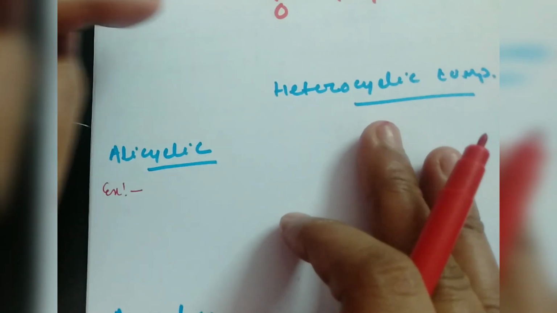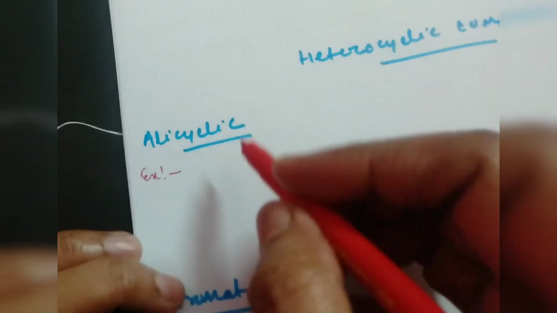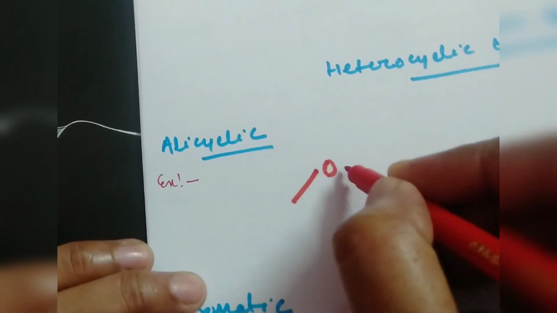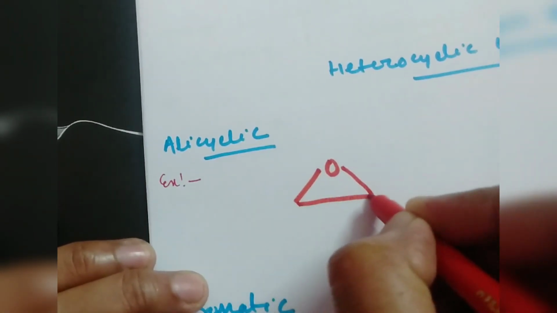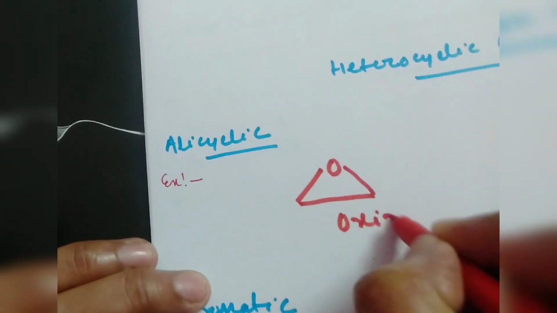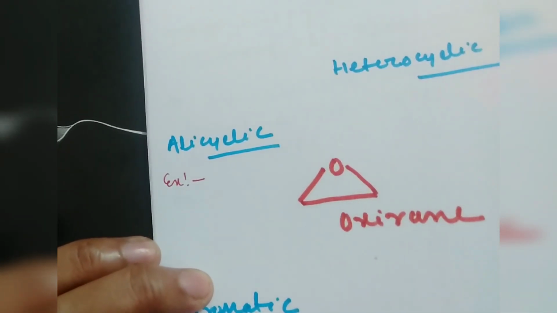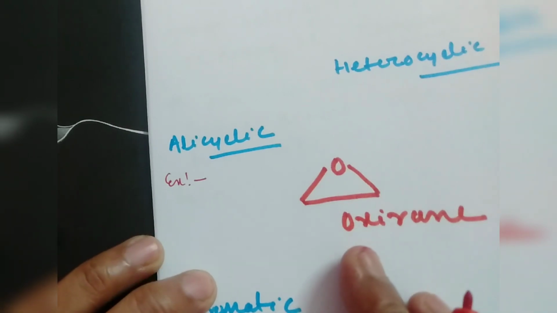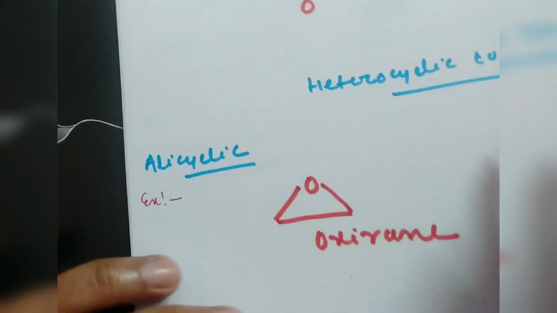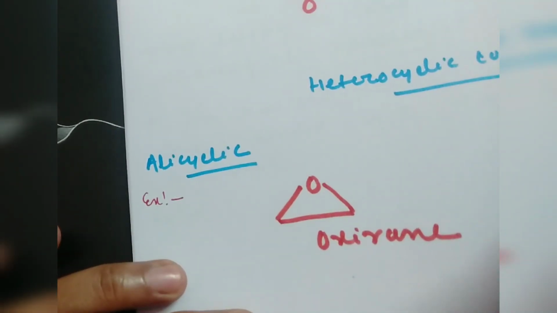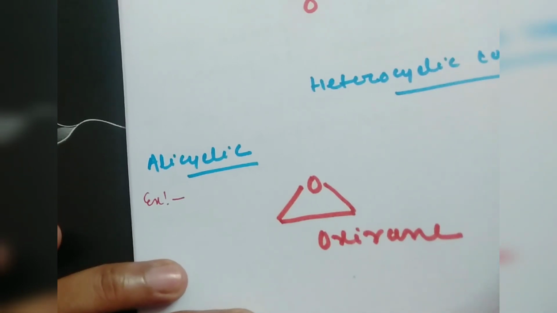Now see here, if I write the alicyclic compounds, the first example of an alicyclic compound where oxygen is in the ring, the name of the compound is oxirane. Similarly, another solvent is tetrahydrofuran.